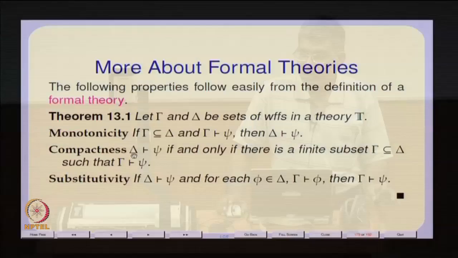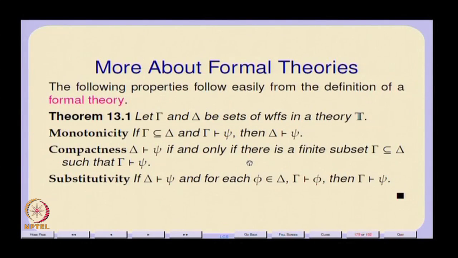So even if delta is infinite, when we talk about a proof, there should be a finite subset of assumptions from which the proof is obtained.